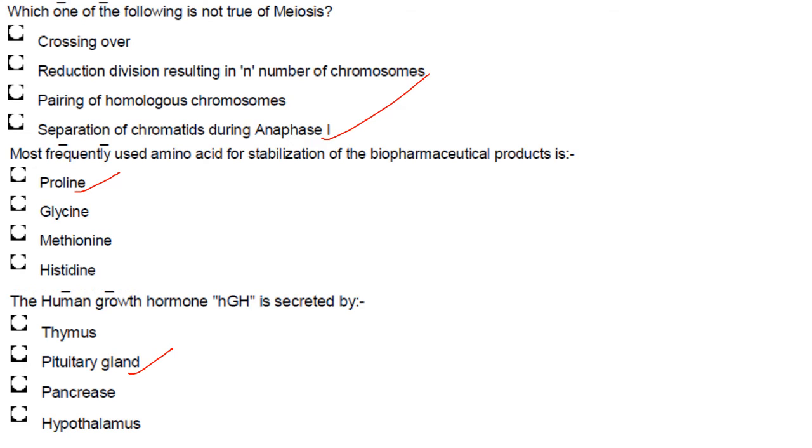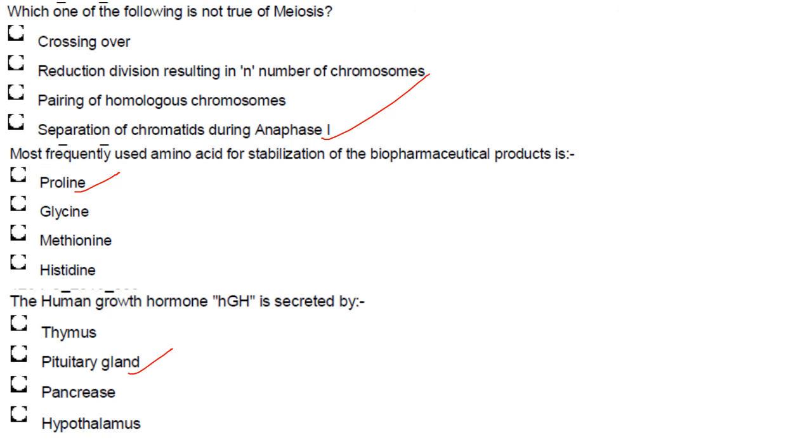Then next one. Which one of the following is not true of meiosis? The options are crossing over, reduction division resulting in n number of chromosomes, pairing of homologous chromosomes, and separation of chromatids during anaphase 1. During anaphase 1, homologous chromosomes separate to each side of the cell and the centromere is intact.